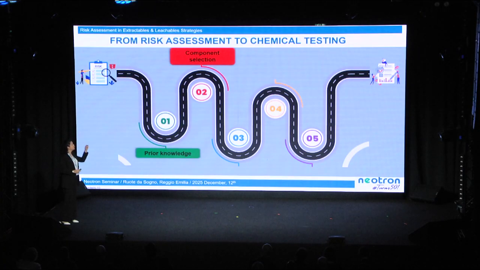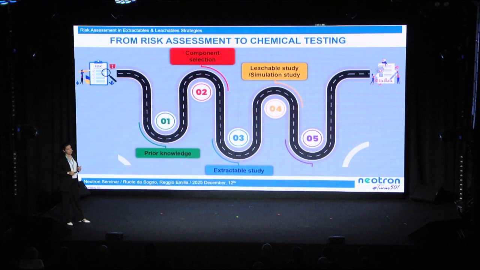And it leads to the correct component selection, which is up to the pharmaceutical industries, of course. And this selection goes directly to the need for, or the exclusion of, the extractable studies. And the extractable studies are strictly linked to the leachable studies, or the simulation study when a leachable study is not possible. And the last, but not the least, part is the extractable and leachable correlation.